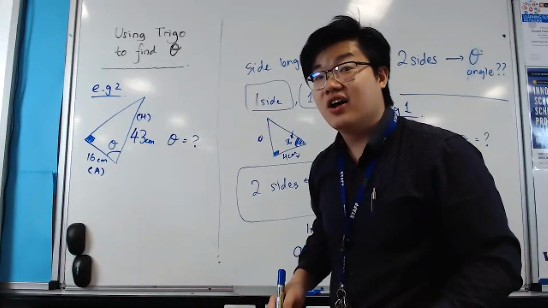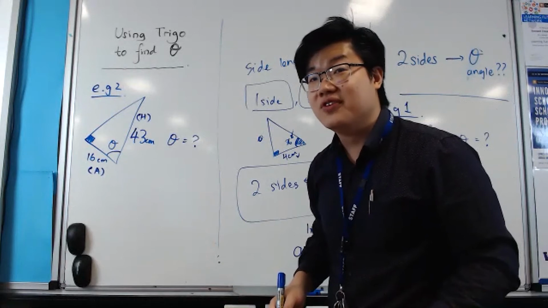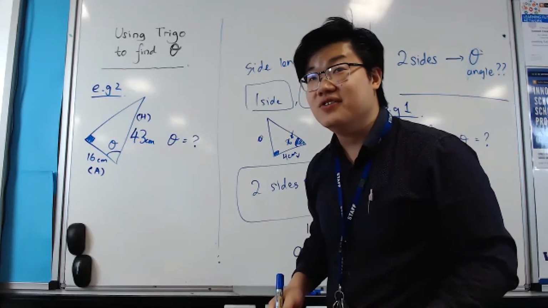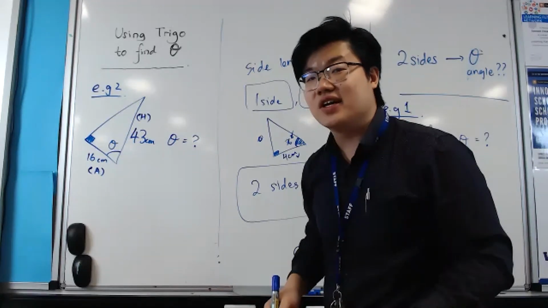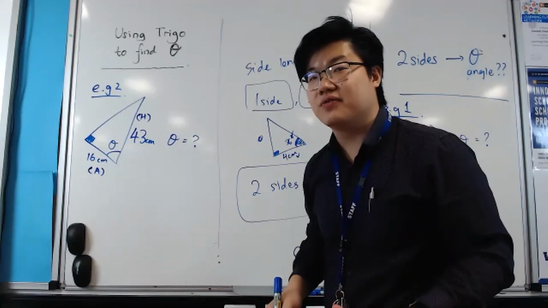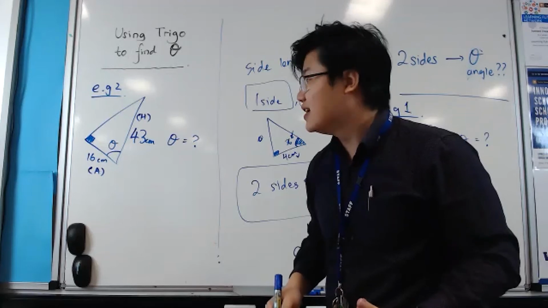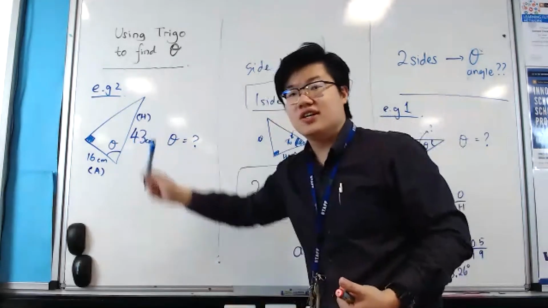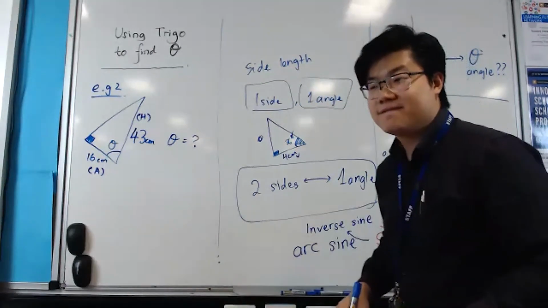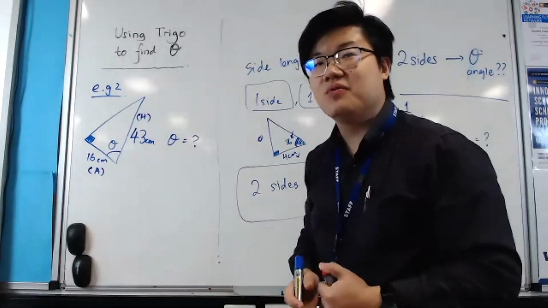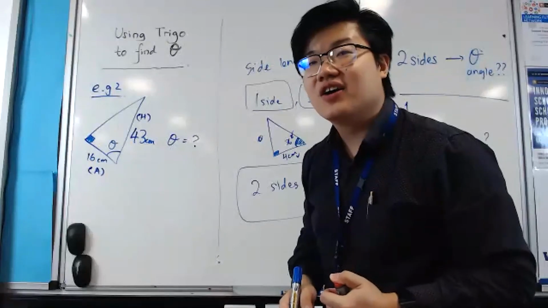Come on, we're waiting for you. Tangent? Which one? Cos. You've got A and H. So which one? It's cosine.